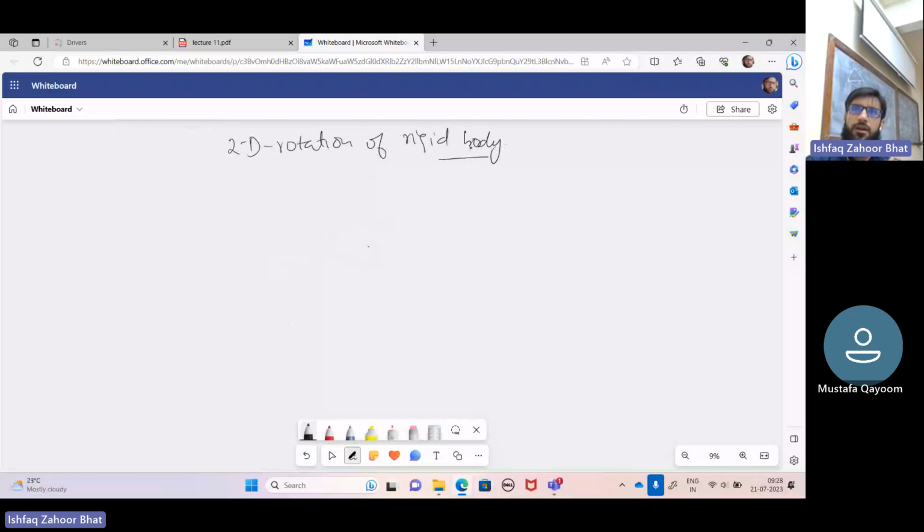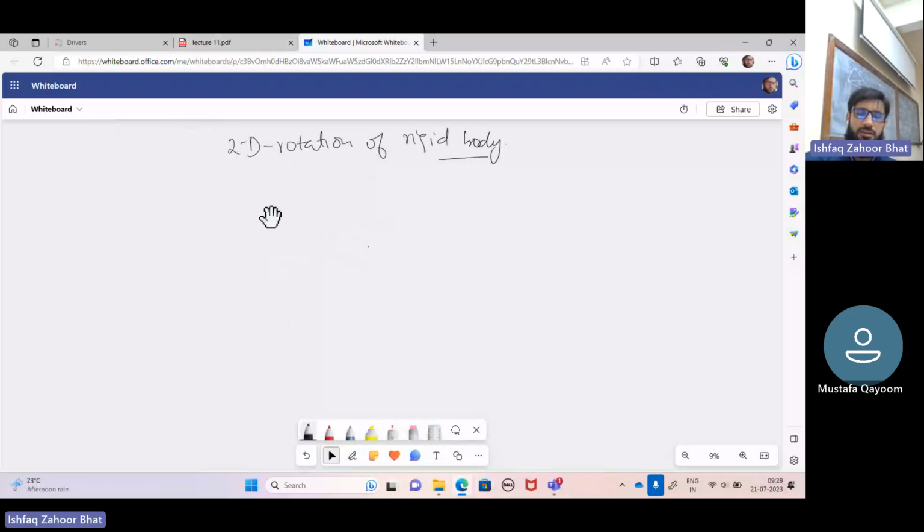This is the hardest part in mechanics. People do find rotation stuff as the toughest part in mechanics. So if you build this rotation concept in a good and precise way, I think you will be enjoying this rotation and other stuff.